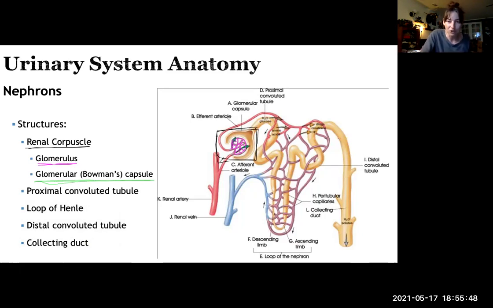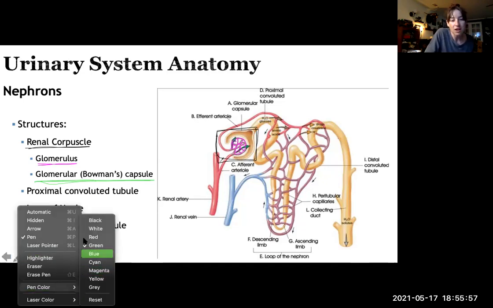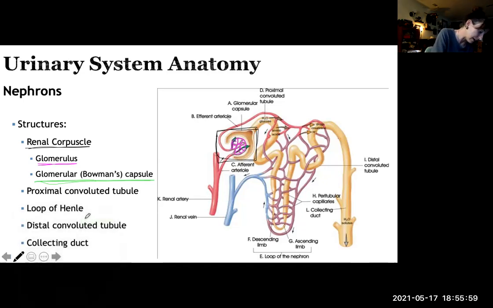So the intercapsular space in this picture is this here. You're literally pulling the blood plasma out of the capillaries and into the capsule, so out of the glomerulus and into the glomerular capsule.